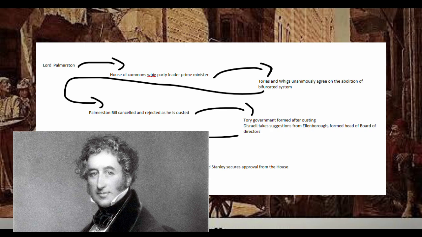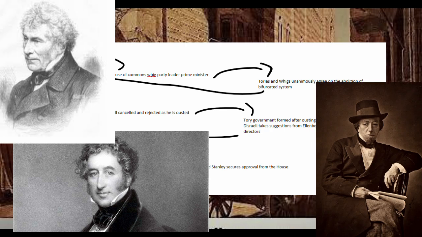Lord Palmerston would eventually have his bill rejected, as I said previously, and the Tory government would later go on to take over, and the Whig Party would be in the sideway in British politics by that time. The government would be formed on the premise of the Tory government, and Disraeli, the famous individual in the government, takes suggestions from Lord Ellenborough, the former head of the board of directors and the former Governor General of India.